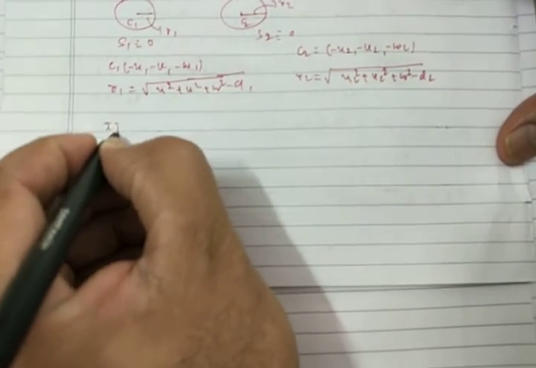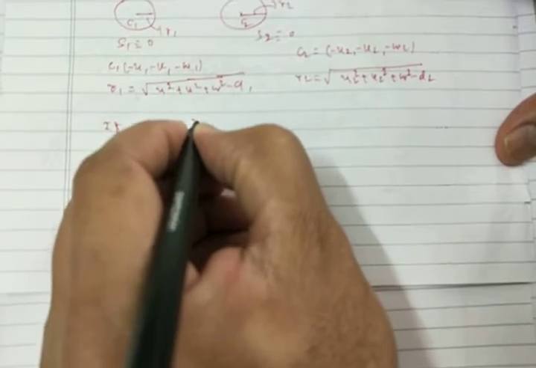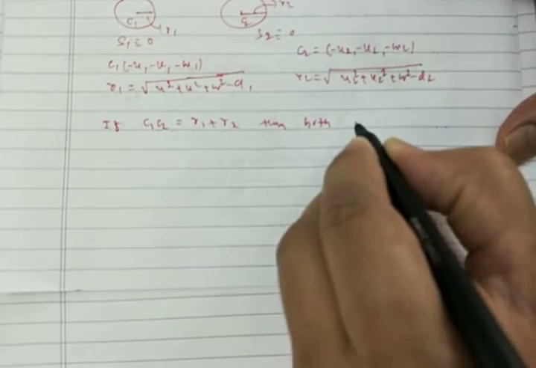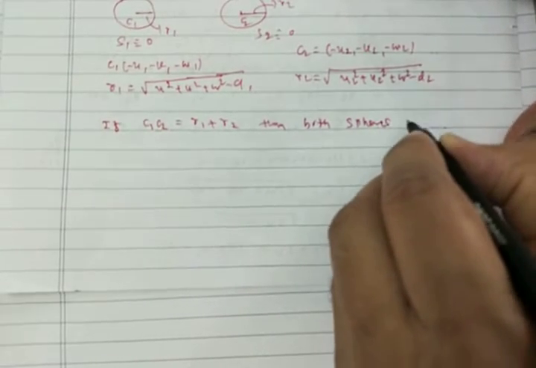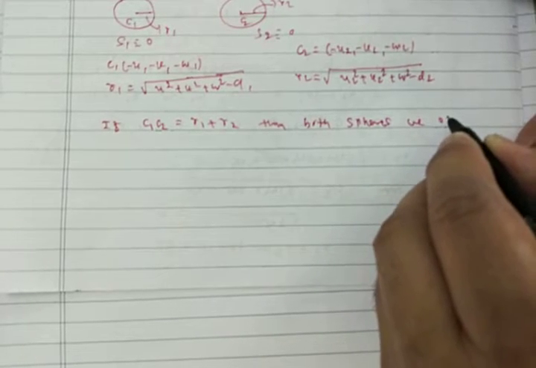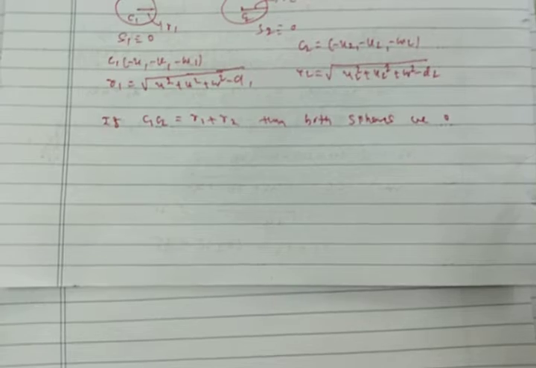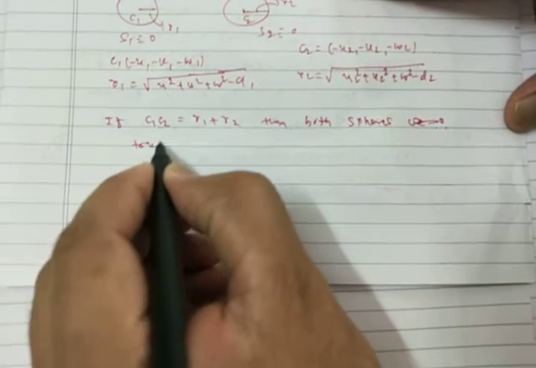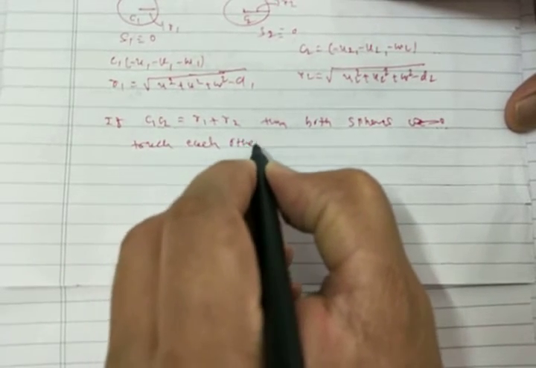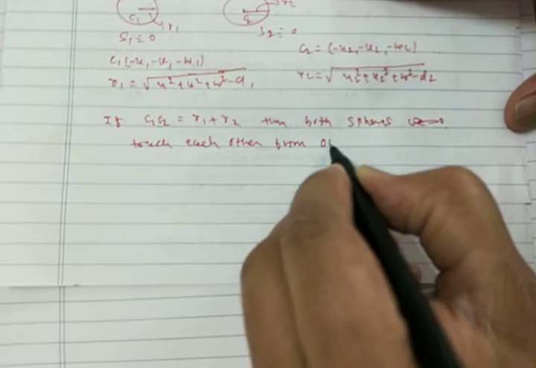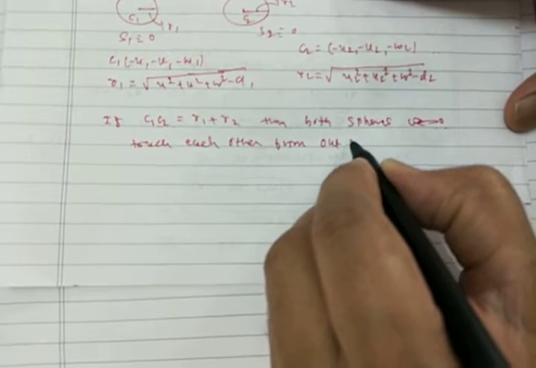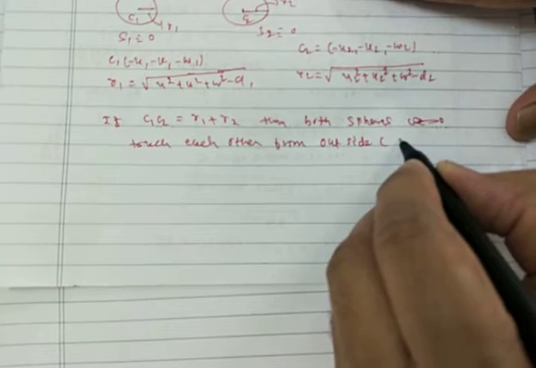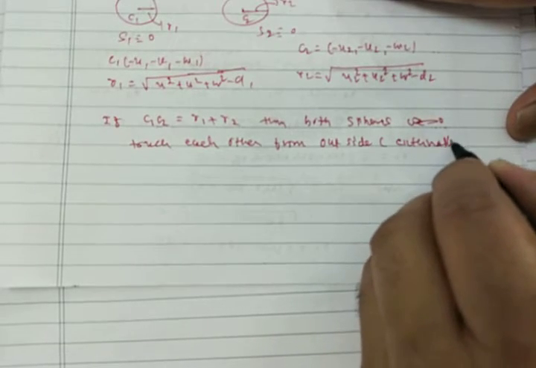Now the condition: if the distance between the two centers is equal to the sum of their radii, then both spheres touch each other from outside, or touch each other externally.